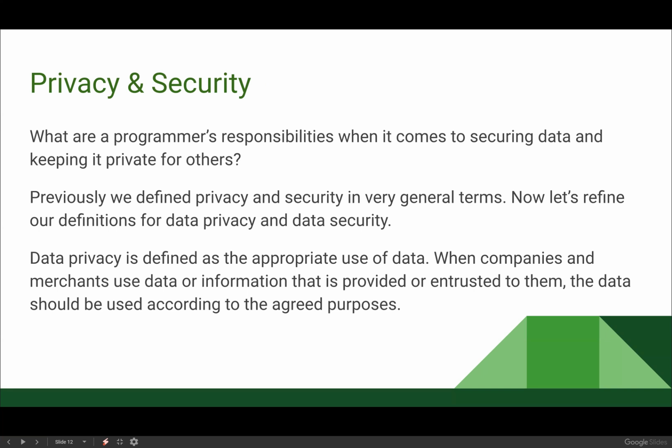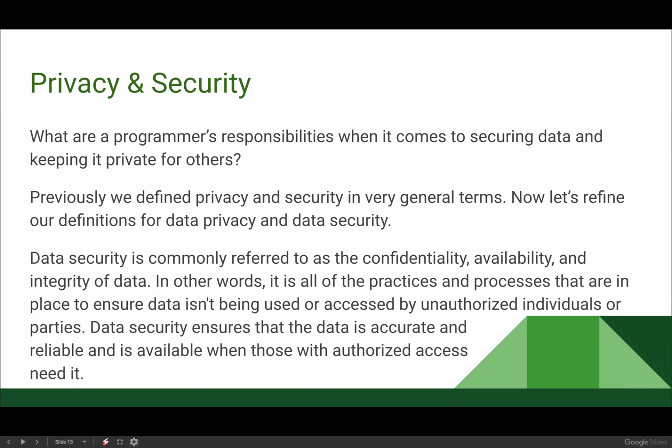When companies and merchants and other entities use the data or the information that has been provided or entrusted to them, it should be used according to how is agreed to be used, usually according to that privacy agreement that you would sign when you start using some service. So if they break that contract, obviously they're going to be in trouble.